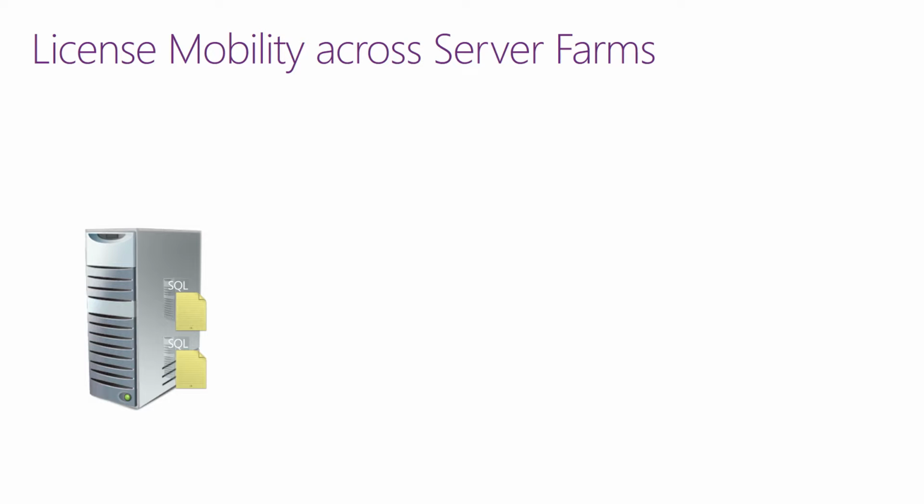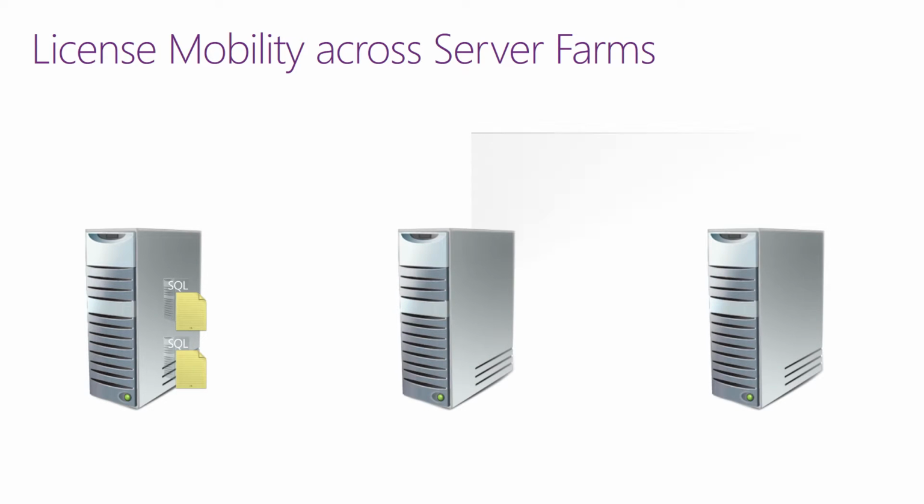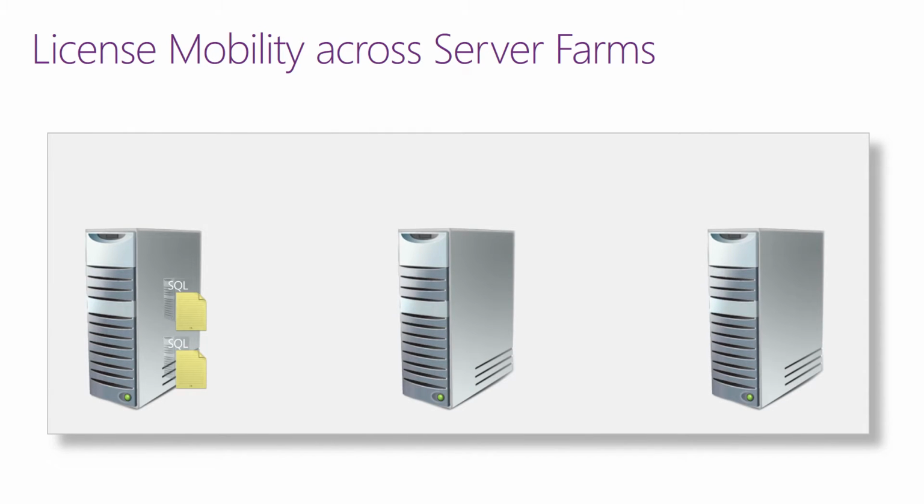But let's add on some more servers to our server farm. And you can see I've got another couple of physical servers here that I'm going to be using. From a licensing perspective, I said earlier that the licenses aren't attached to the virtual machines at all. And I said we'd find out why that was important. And it's important here, because actually the licenses are assigned to the physical server.